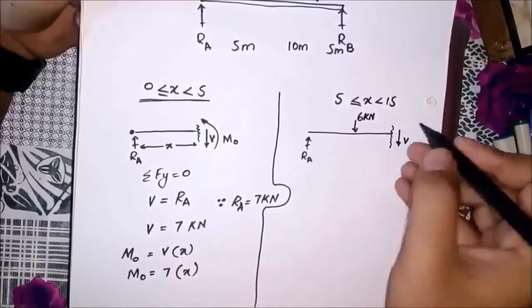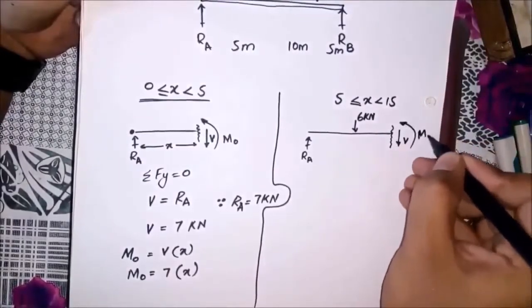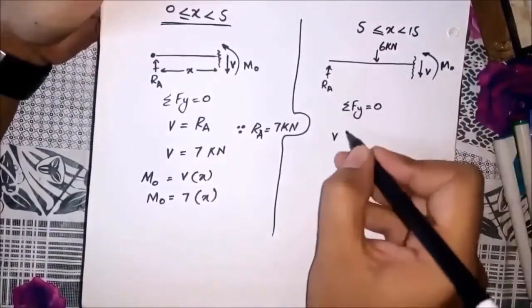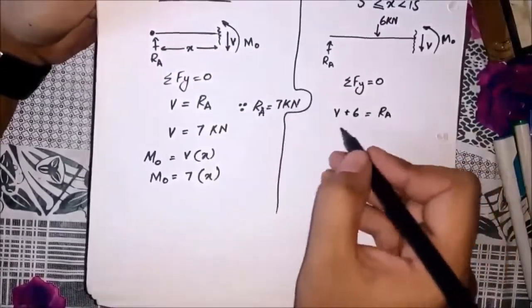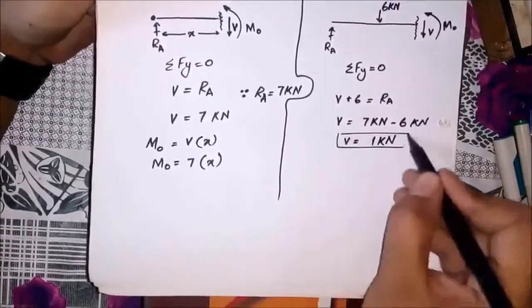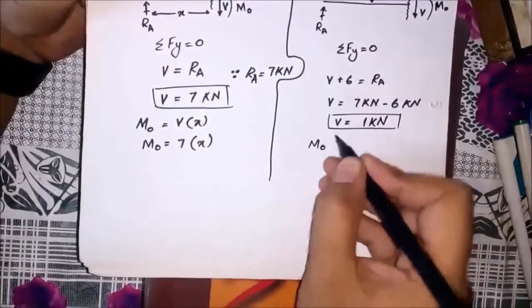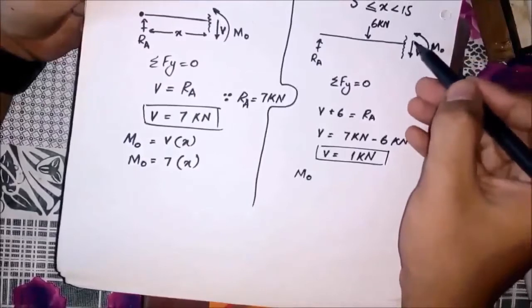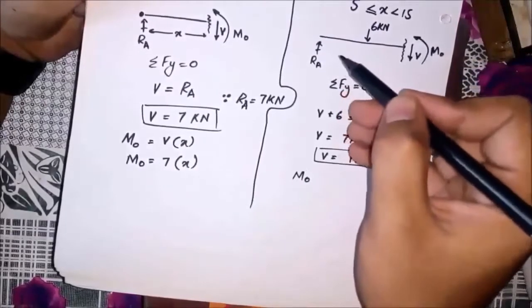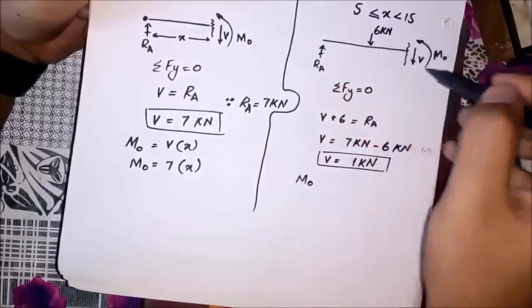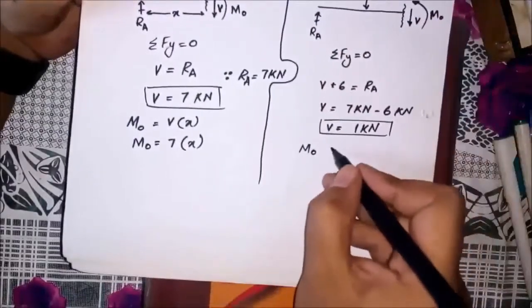As we have cut it, there would be internal stresses. Again apply the equation of equilibrium. MO will rotate the beam anticlockwise and V will rotate it clockwise. There is another 6 kN force which will rotate it clockwise.